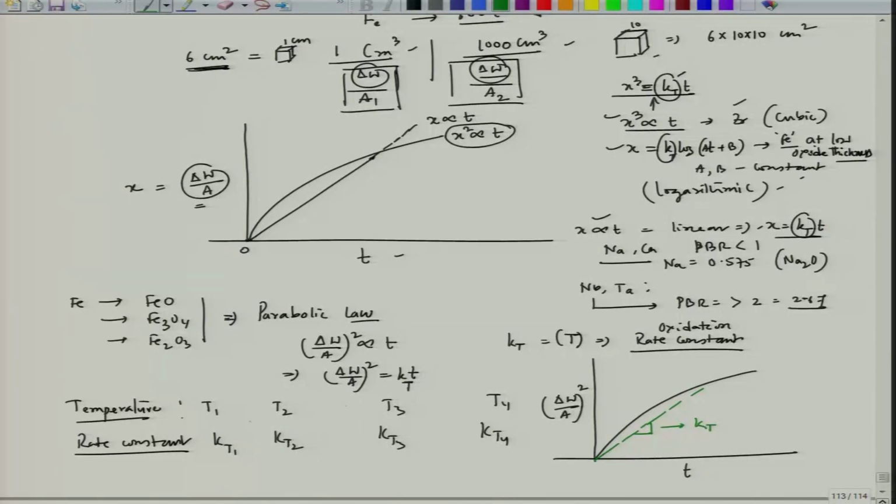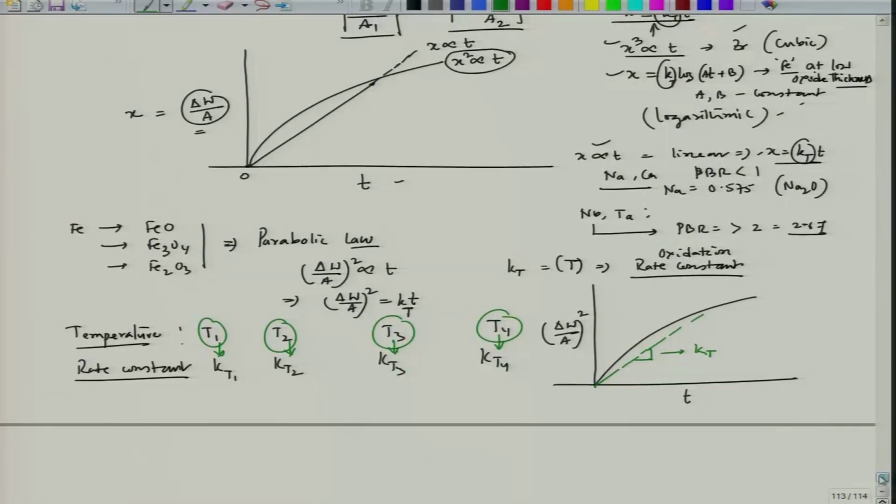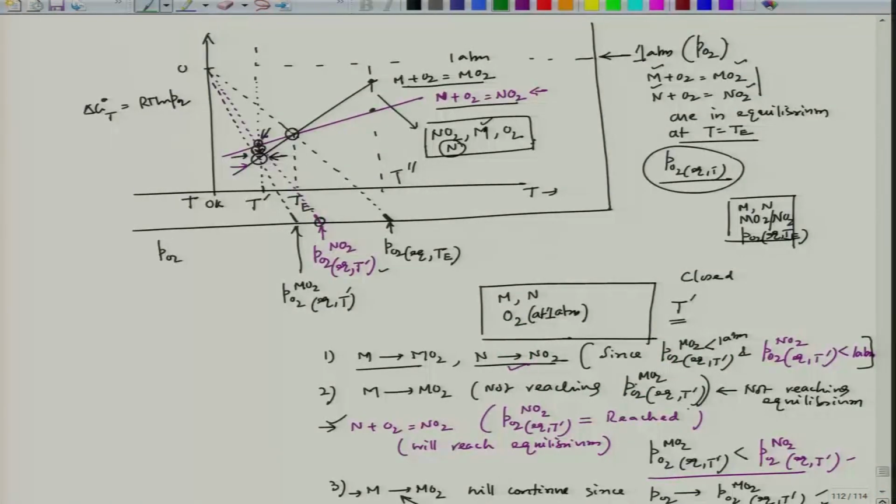That way I will do it for all those temperatures, and I can get the corresponding rate constants. Once I get these rate constants, I can use this very Arrhenius equation, k equal to k0 exponential of minus Q by RT. So, I will plot.